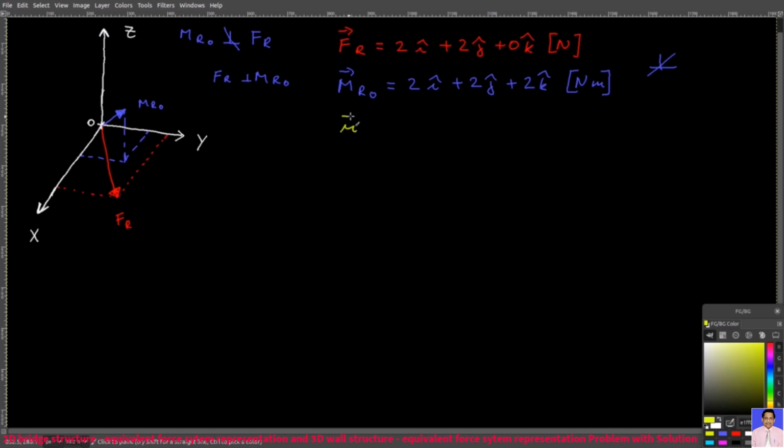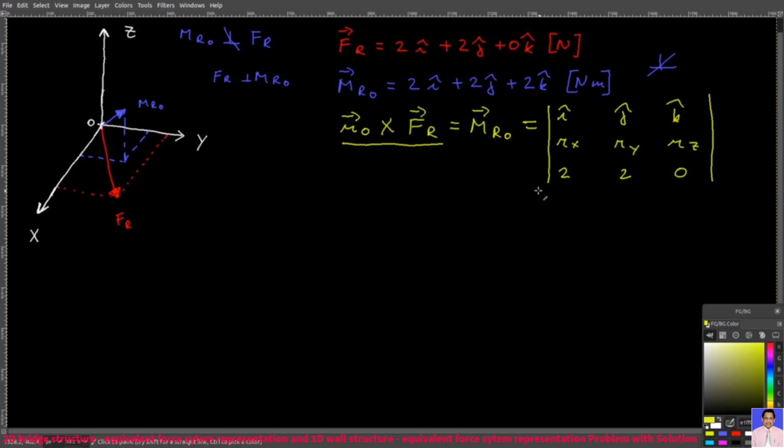So if you try to find the position vector R0 with this formula, R0 cross FR equals MR0, then you won't be able to find it because it doesn't exist. But you can try it out anyway. So this cross product here would give you this 3 by 3 determinant. So this one here, that's your FR, and this is your position vector, your R0, which is what you're looking for.